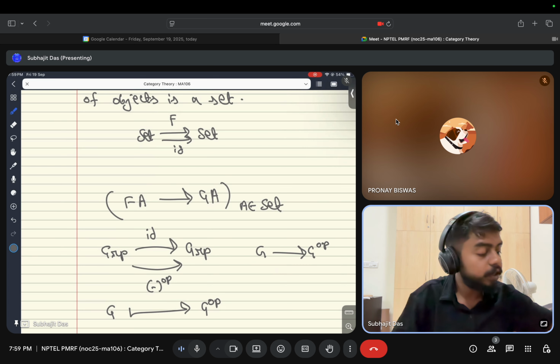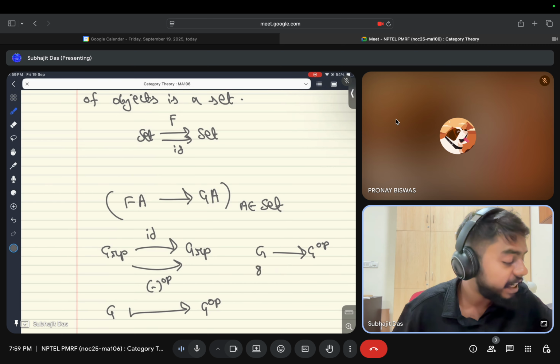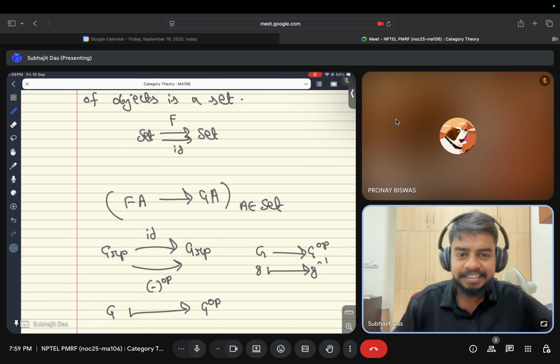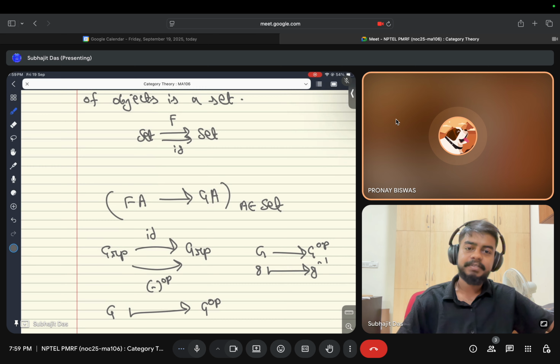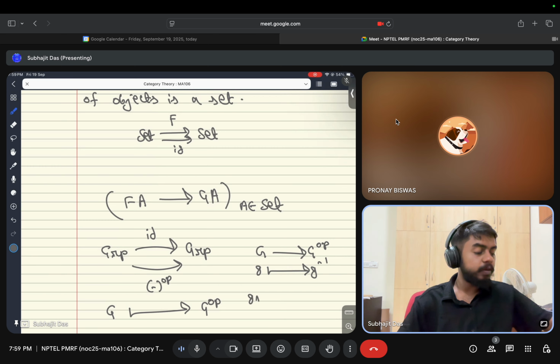Oh, okay, so what you are doing is, why not? You're sending G to G inverse. Okay, and so this won't happen for a monoid. So G star H gets mapped to H inverse star G inverse.